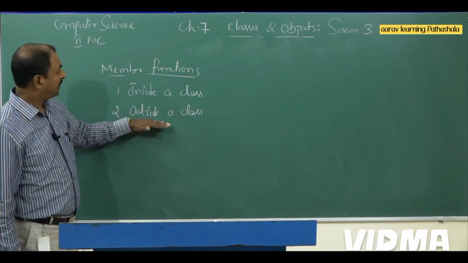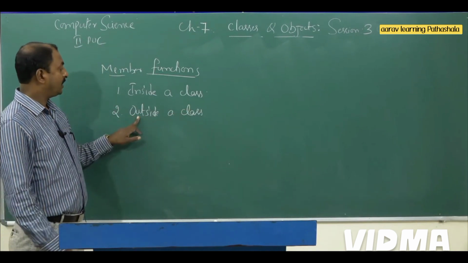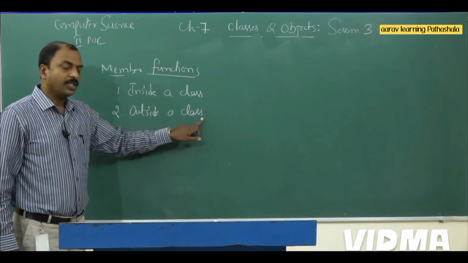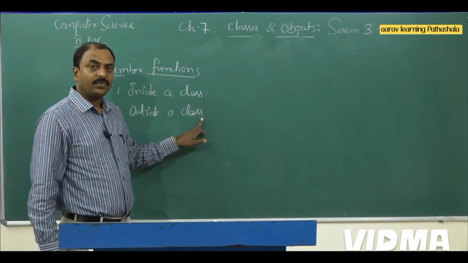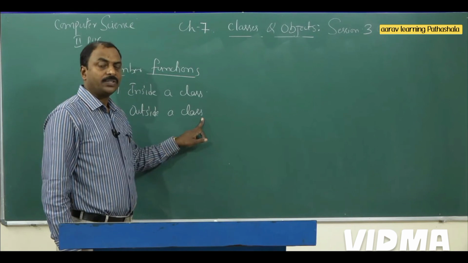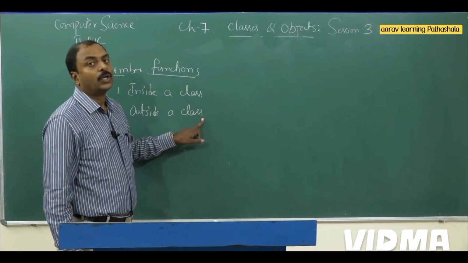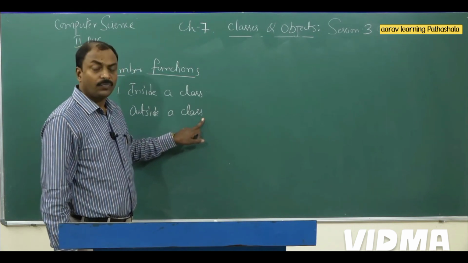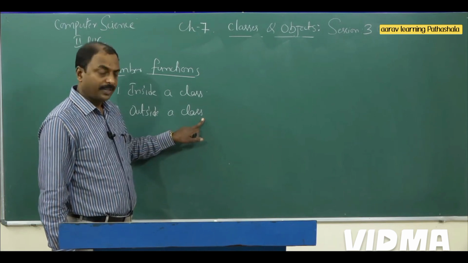But in the second method, function definition outside a class, inside the class we only declare the function, and the function definition is written outside the class with the help of the scope resolution operator.